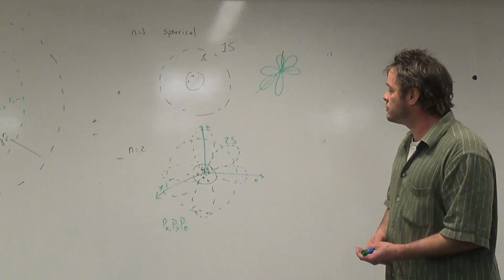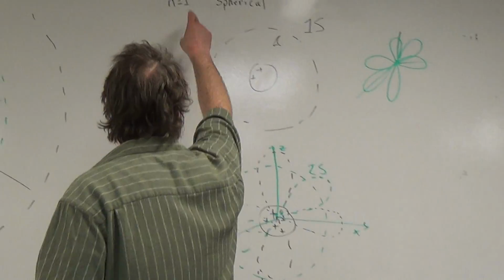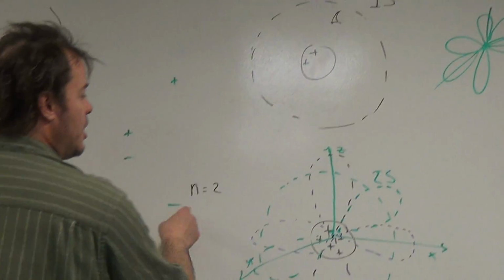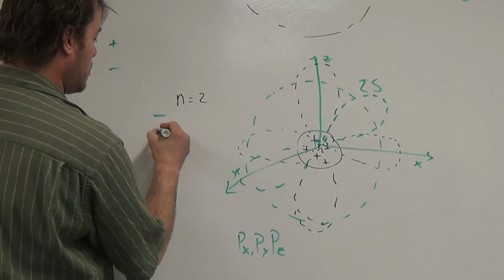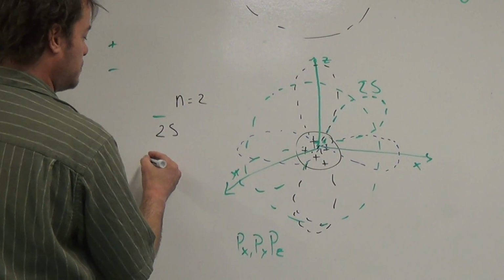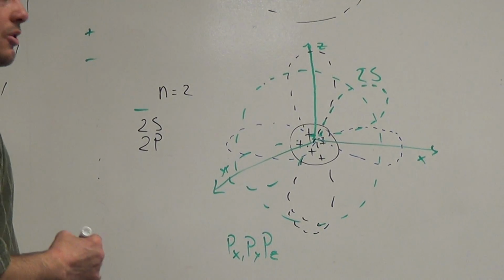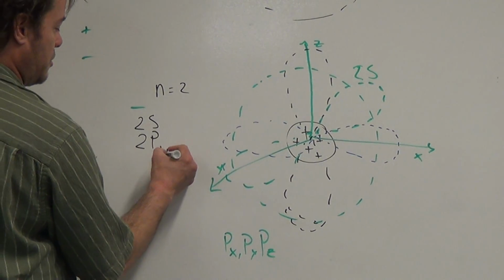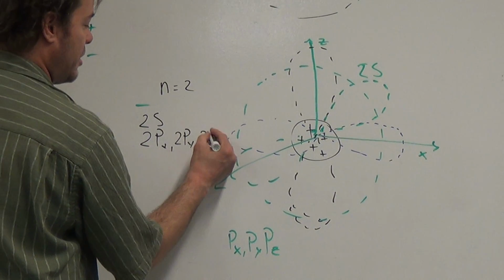We go out, so just keeping track here. In n equals 1, we've got a 1s orbital. In the n equals 2, we have a 2s orbital and 3 p orbitals, 2px, 2py, and 2pz.